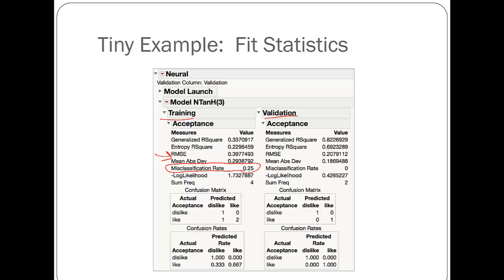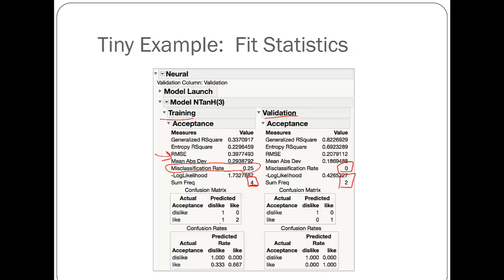And so we see the misclassification rate on the training data set is 25%, and misclassification on the validation set is 0. We get confusion matrices with the different rates, and we can see that we only have 4 observations in the training set and 2 in the validation set.